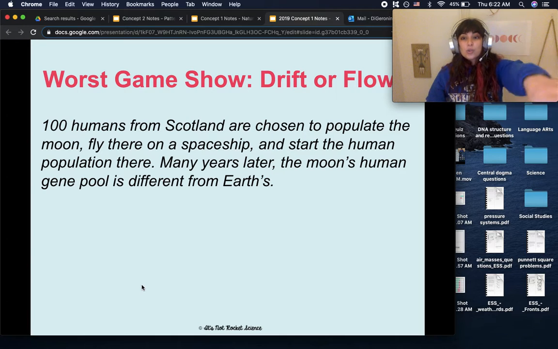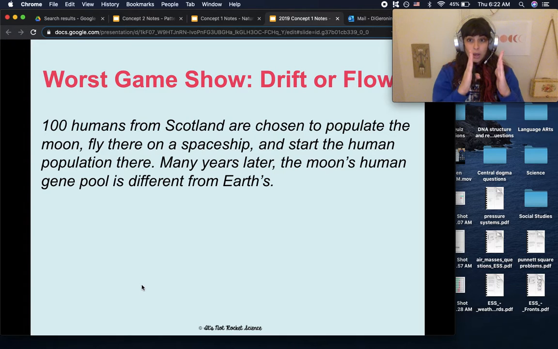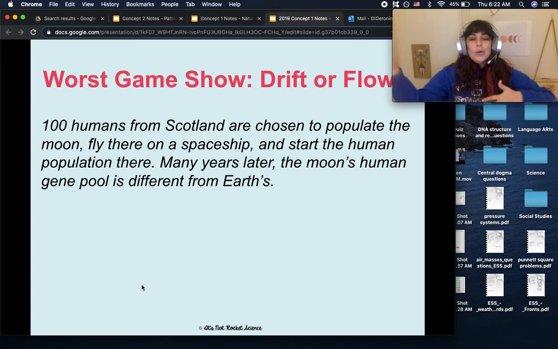We didn't move into an existing population. Here's why it is drift. When we chose 100 people from Scotland, we made the population small, and we picked a random section of it that happened to be a little different than the rest of the Earth. When we put that population of 100 people on the moon, random choices of who has offspring and who does not are going to change the pool.